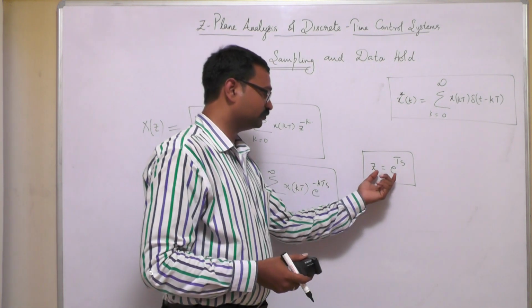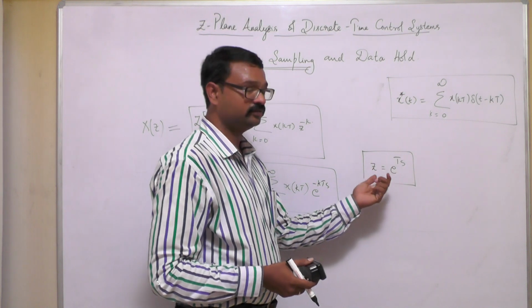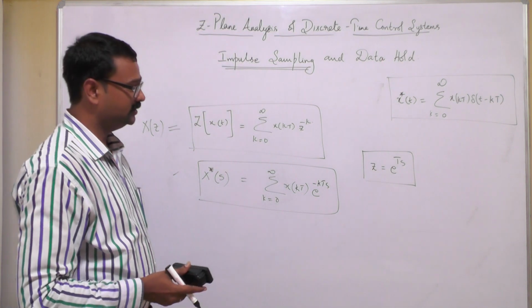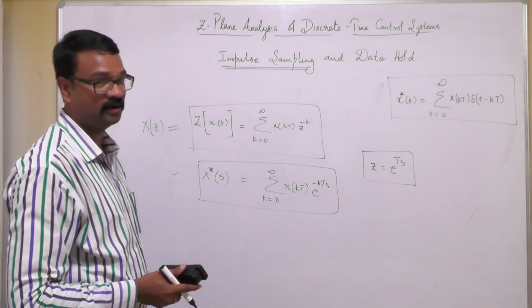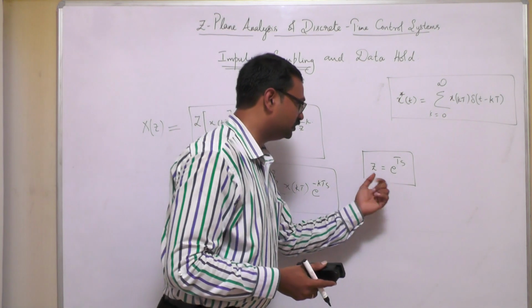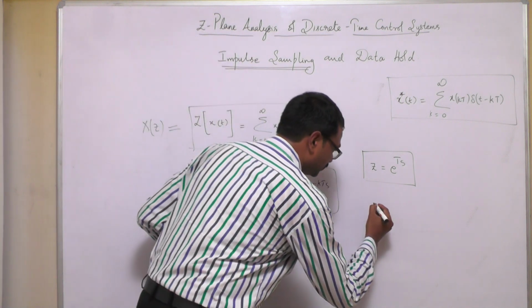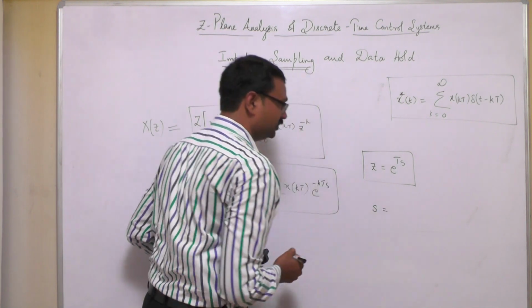So t is the sampling period with which you will have to sample the given continuous time signal using the impulse sampler that we have already discussed today. So z is equal to e power ts. Now what is s when compared with z?